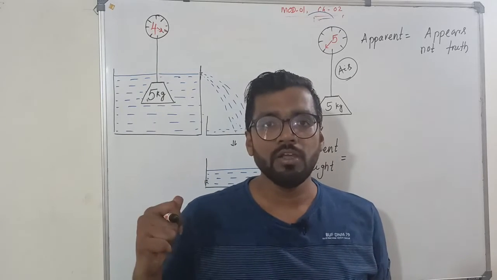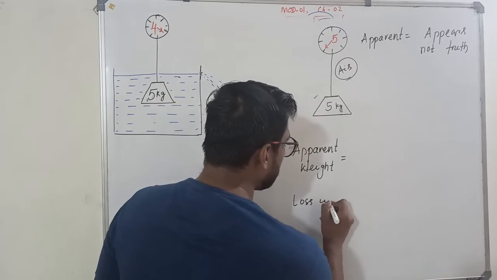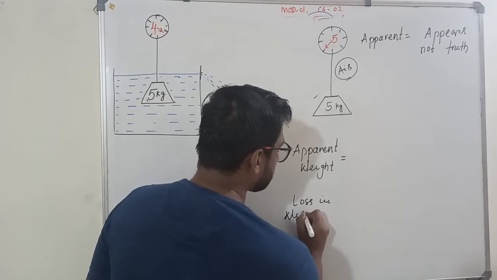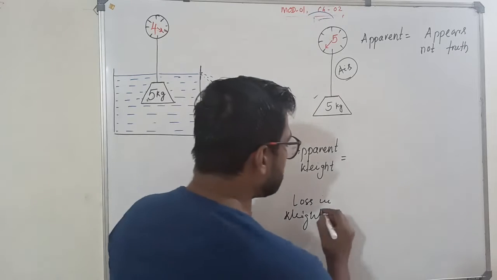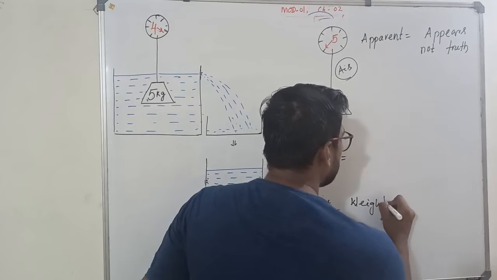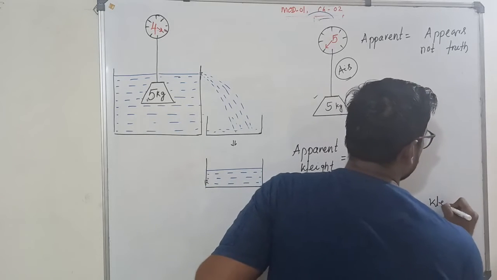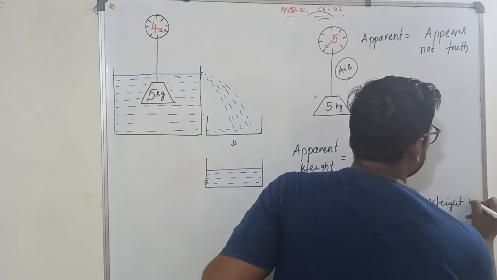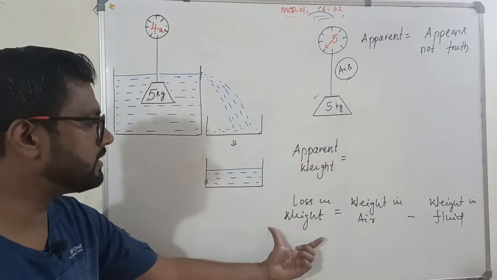That means I have some loss in weight. How much is this loss in weight? Sir, this is the weight in air minus your weight in fluid. Correct? Yes or no? How much is the loss in weight?